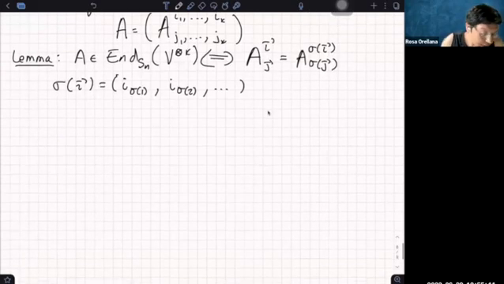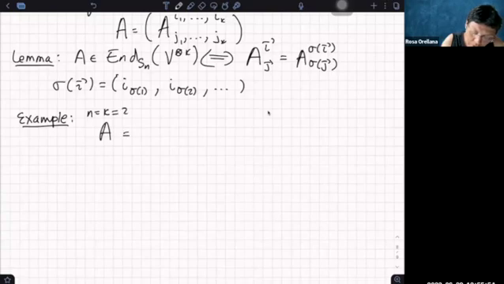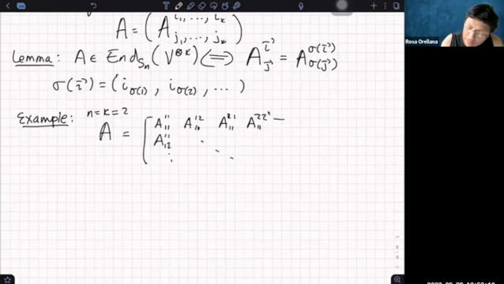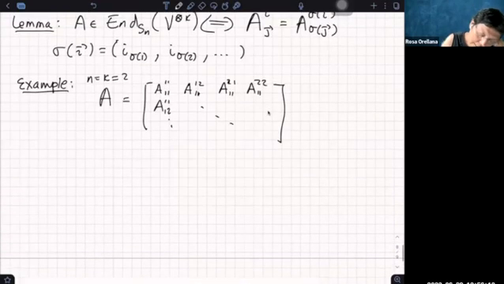So maybe give a little example, because this looks like a lot of notation. If n equals k equals 2, A would be equal to A11,1,1, A11,1,2, A11,2,1, A11,2,2, for example. And then here you would have A11,1,1, etc. And what this lemma is saying is that if it commutes, this would have to be the case.